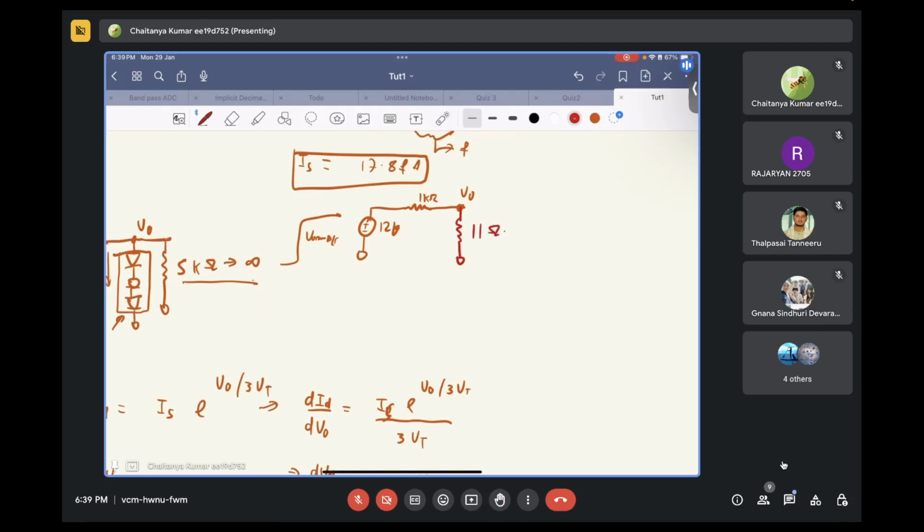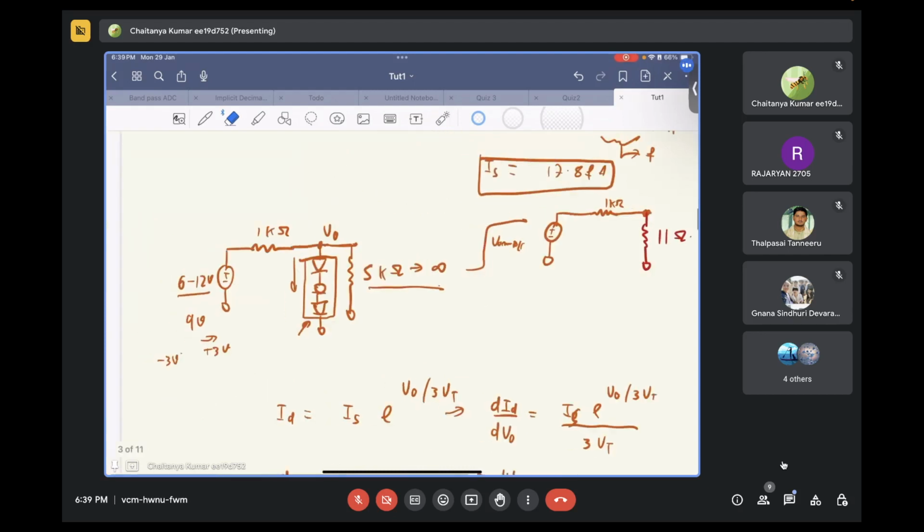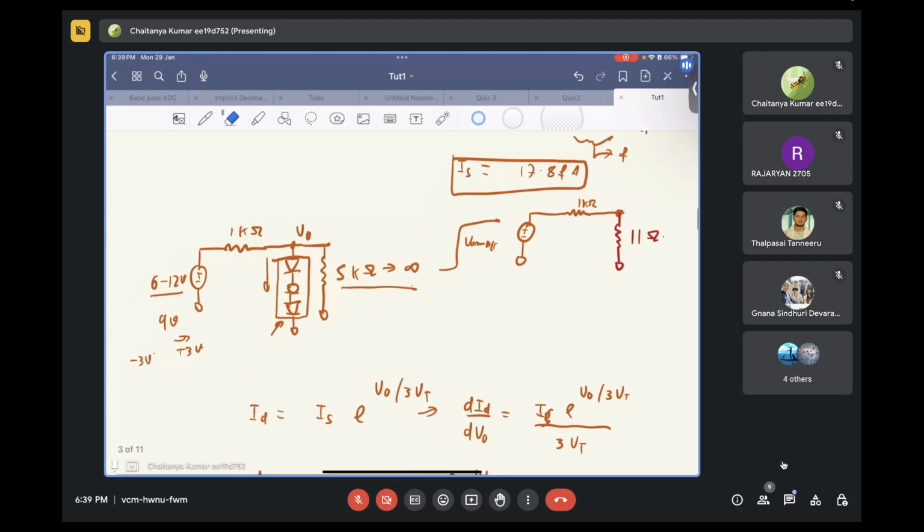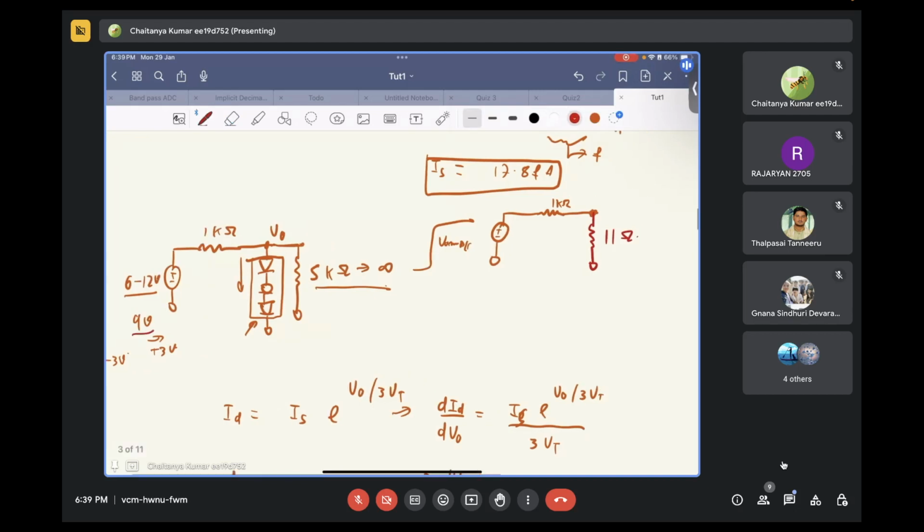Now we forget about what the actual biasing point of the circuit was. The actual biasing point was 9 volts at the input, and for that case this behaves as an 11 ohm resistor, correct?